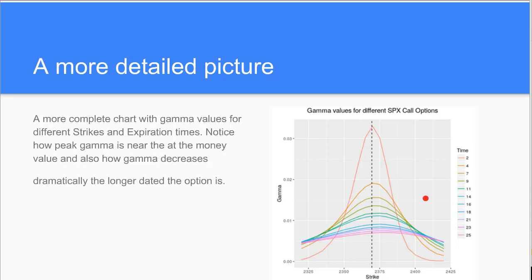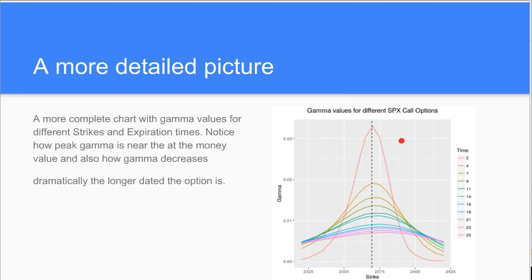So before going into detail, let's start looking at a couple things. Notice how, in general, gamma is higher. Oh, by the way, the dotted line represents the current level of the underlying. So I think SPX was around 2,370 at that time when I generated this. So notice something.